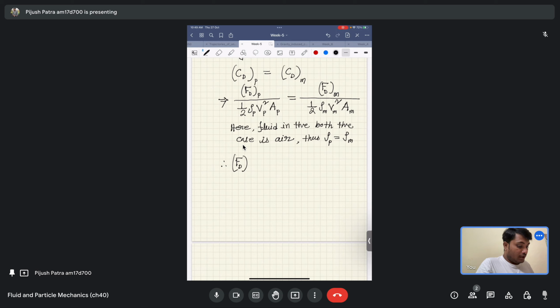Therefore FD of p is equal to FD of m into, it should be Vp by Vm whole square, into Ap by Am. Am I right?